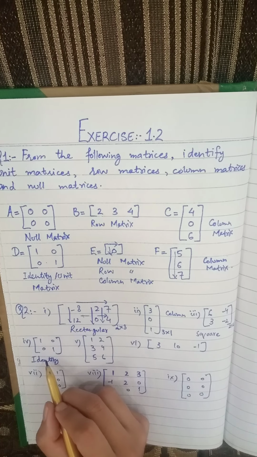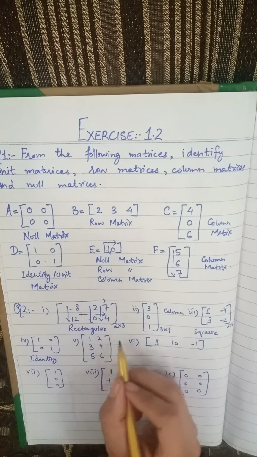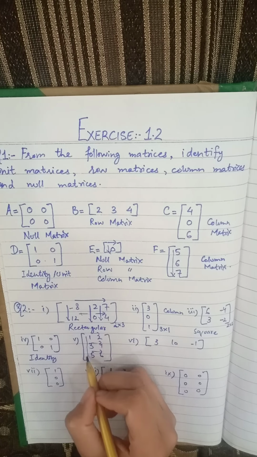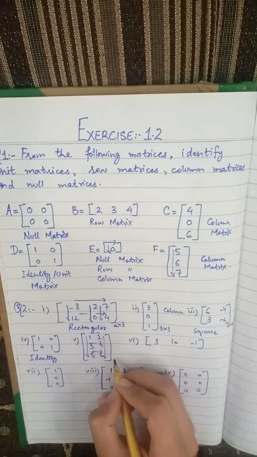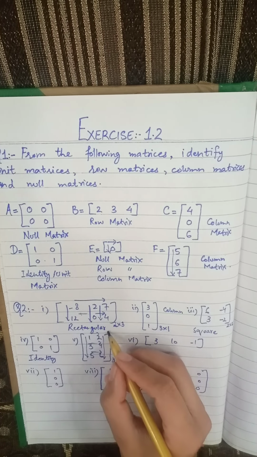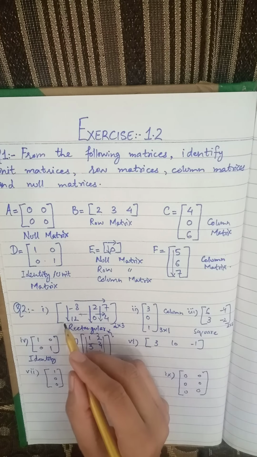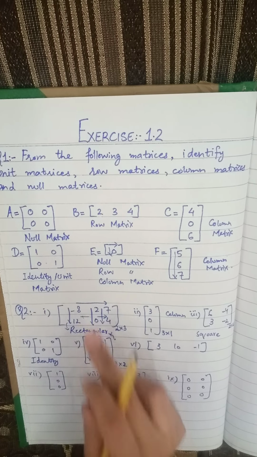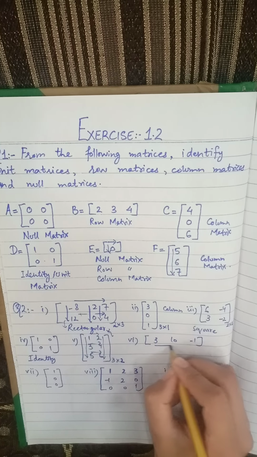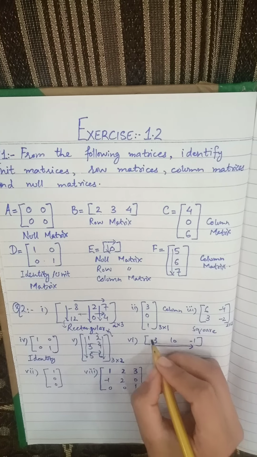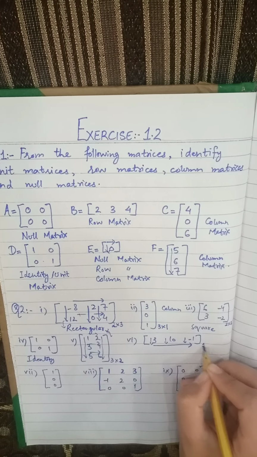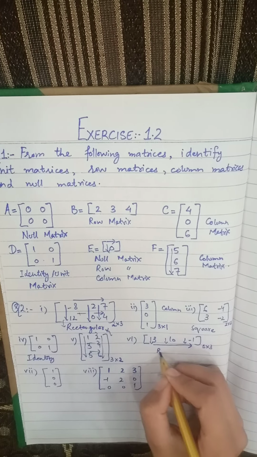About the 5th, the number of rows is 3 and the number of columns is 2. It's a 3 by 2 matrix, a rectangular. These both are rectangular. About this matrix, the row is 1 but the columns are 3. It's a 1 cross 3 matrix. It's a row matrix.